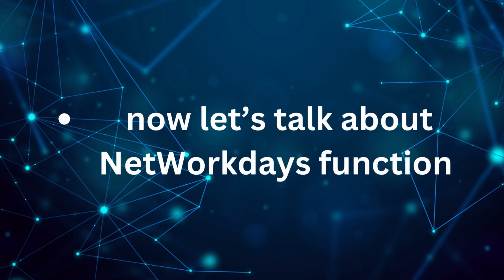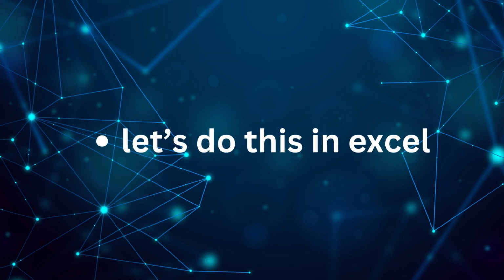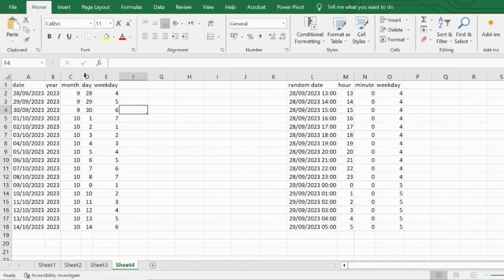Now let's talk about the networkdays function. Networkdays returns the number of network days between two specified dates. Let's do this in Excel. For example, in this data set I want to know how many work days are in it, or in other words, how many days except Saturdays and Sundays.